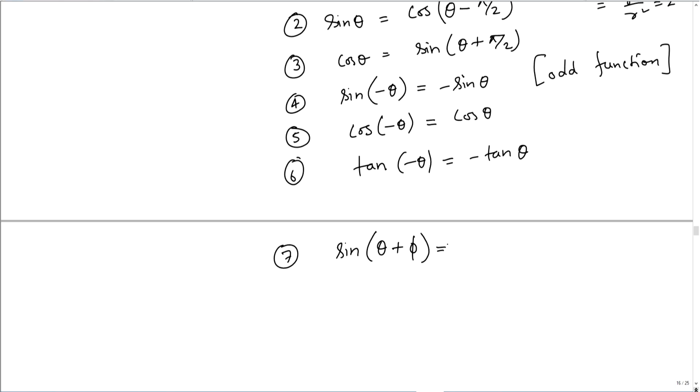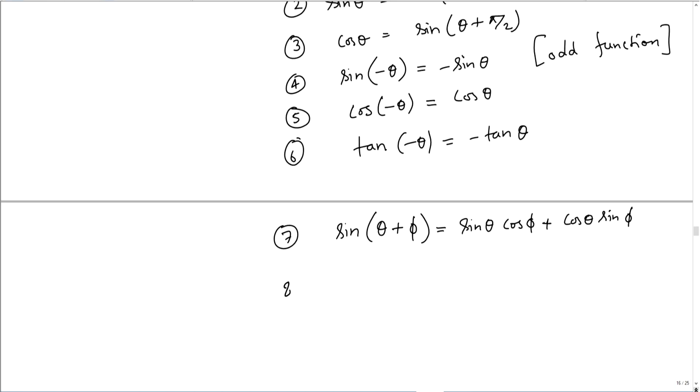Sine of theta plus phi would be equal to sine theta cos phi plus cos theta sin phi. Then cos of theta plus phi would be equal to cos theta cos phi minus sin theta sin phi.